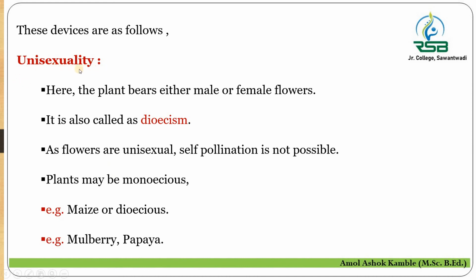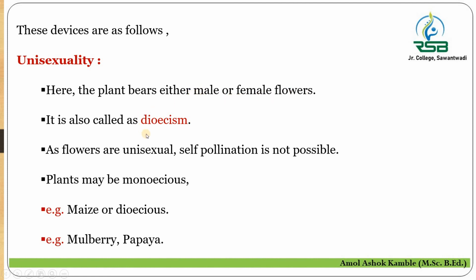Unisexuality means that the plant bears a single sex organ. Here in unisexuality, the plant bears either male or female flowers. तो प्लांट जो आहे तो एकतर मेल फ्लॉवर घेऊ शकतो, किंवा एकतर फिमेल म्हणजे तो सिंगल सेक्स ऑर्गन बियरिंग प्लांट असणार आहे.